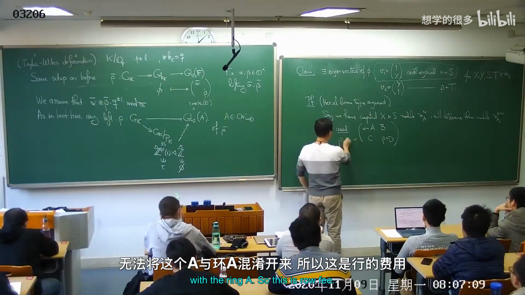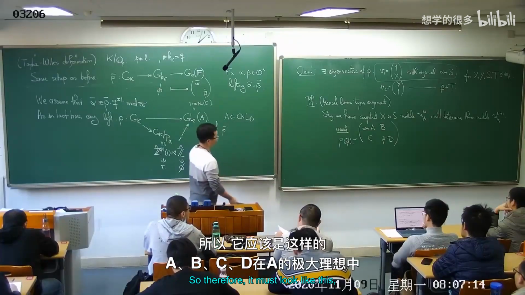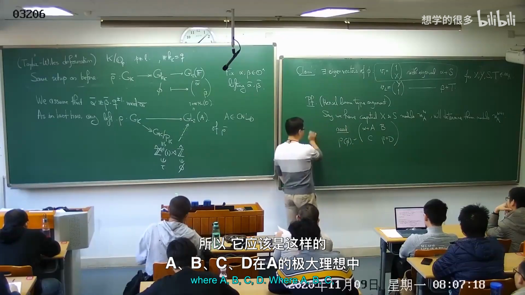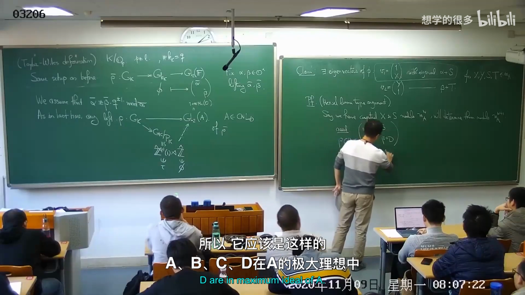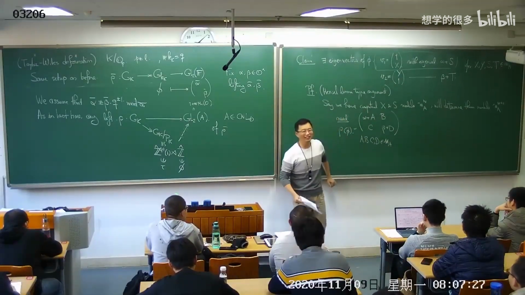This is rho phi. Rho phi lifts rho bar. So therefore, it must look like this, where A, B, C, D are in the maximal ideal of A. That looks very bad, but anyways.